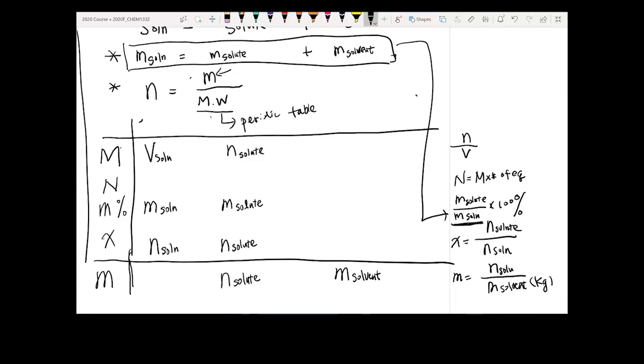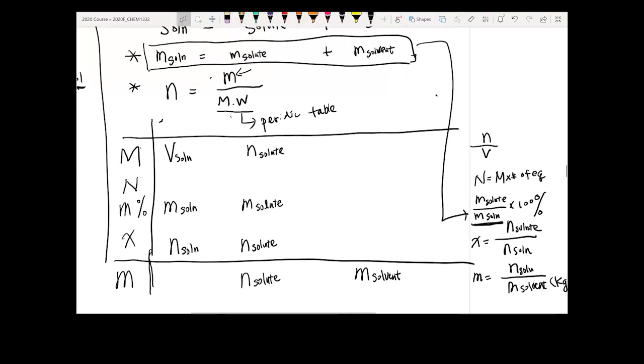There's one more thing that you need to know, because one of the very big things you are going to encounter many times in your homework is conversion between different concentrations.